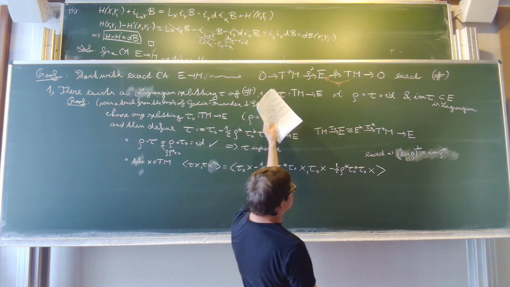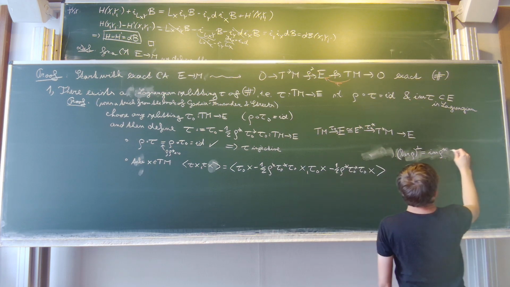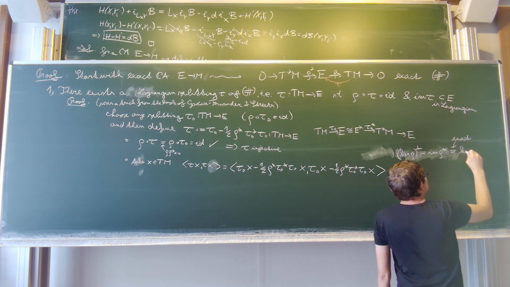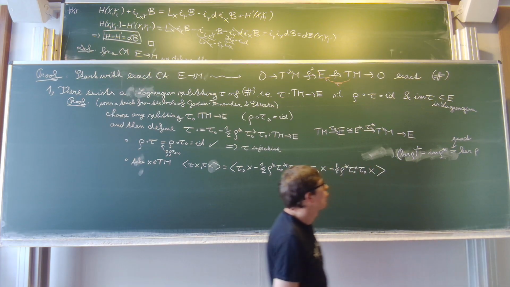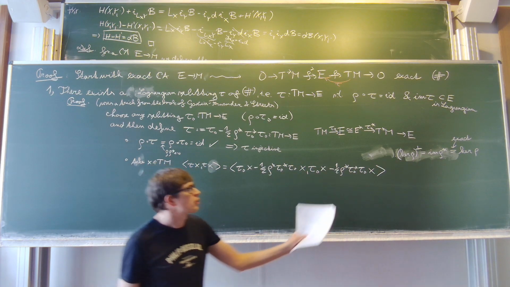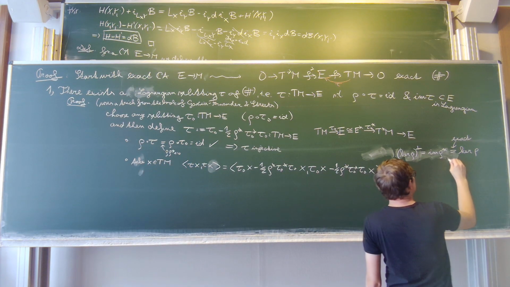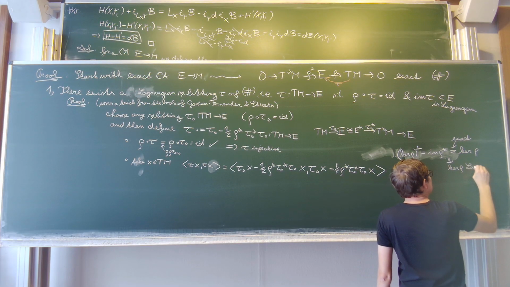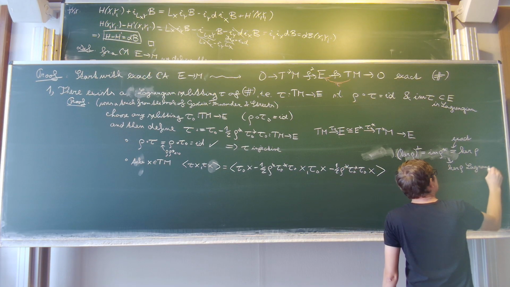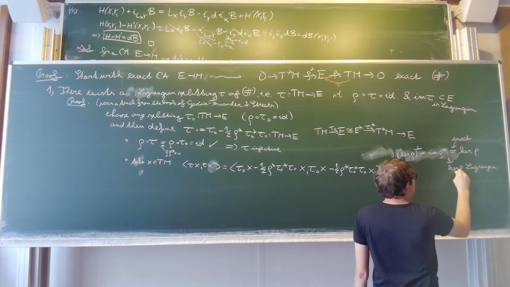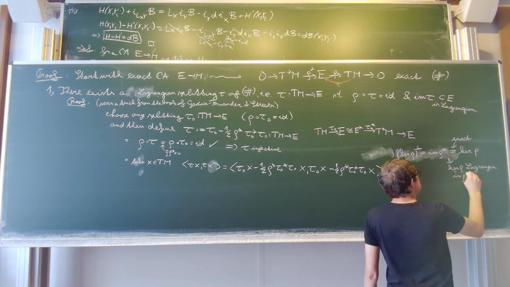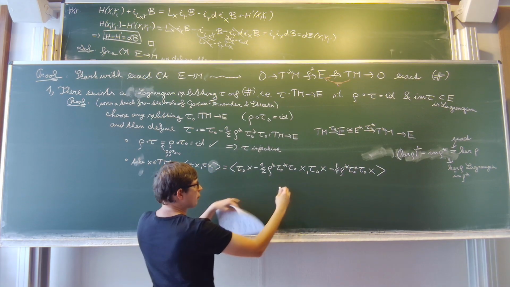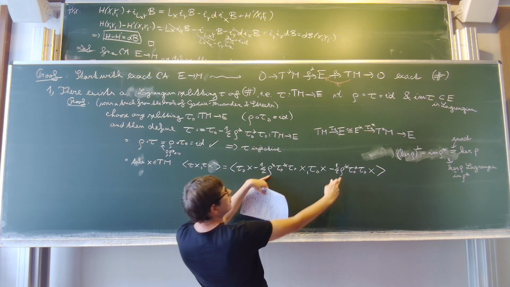And by exactness, this is precisely the kernel of rho. So we see that the kernel of rho is Lagrangian, or equivalently, the image of rho star is Lagrangian. The same thing. Which means that the pairing of this guy with itself is 0.